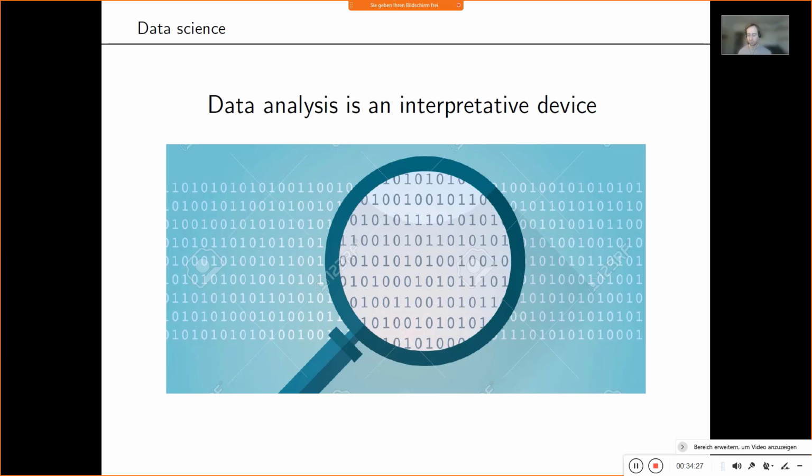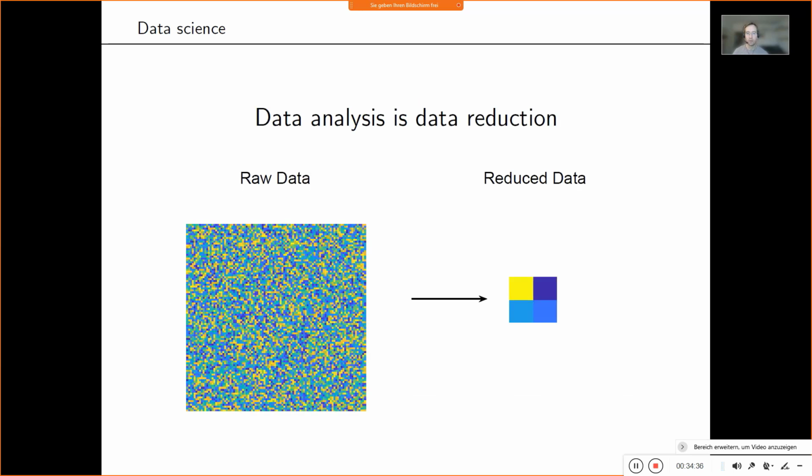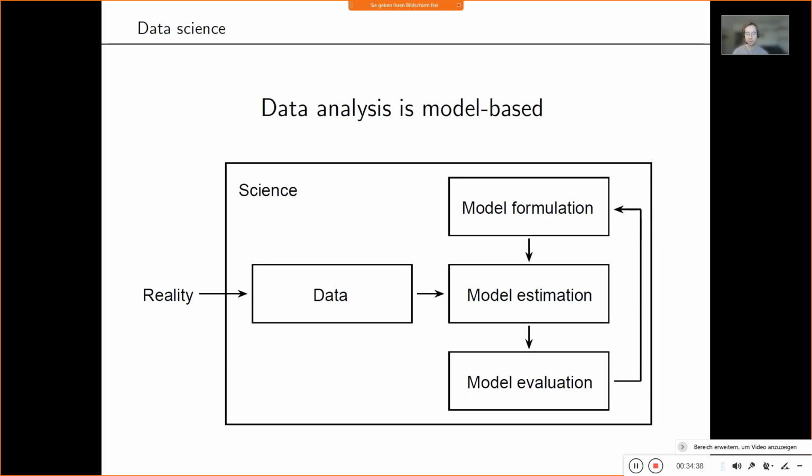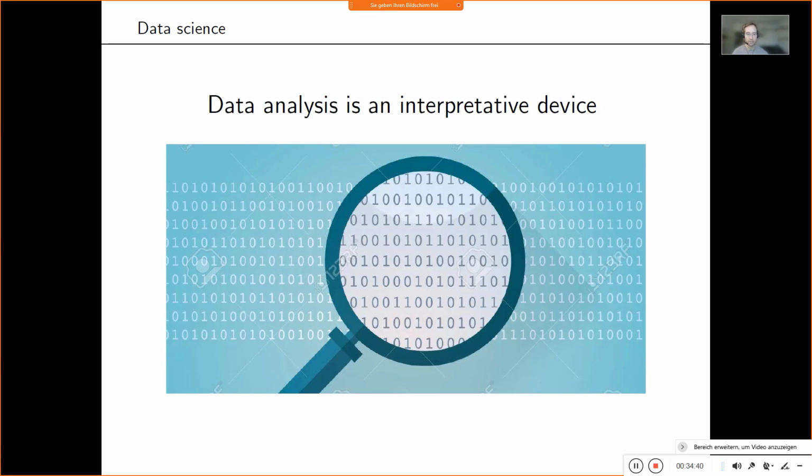So that's the way I see all kinds of data analytical methods and all things that people do in data analysis. It's always data reduction, it's always based on a model, and of course it's always a means to interpret data, to create meaning from data.